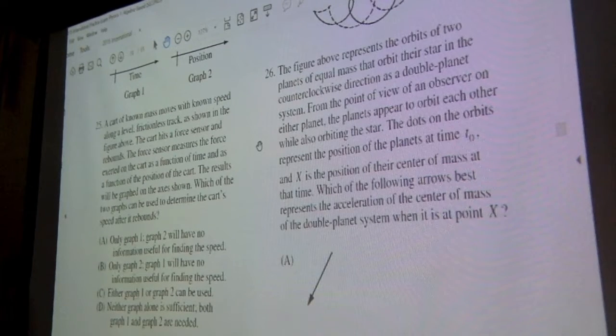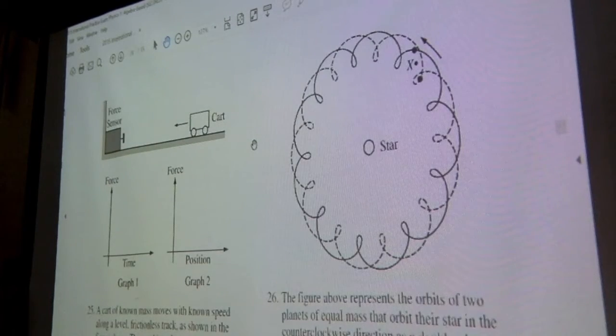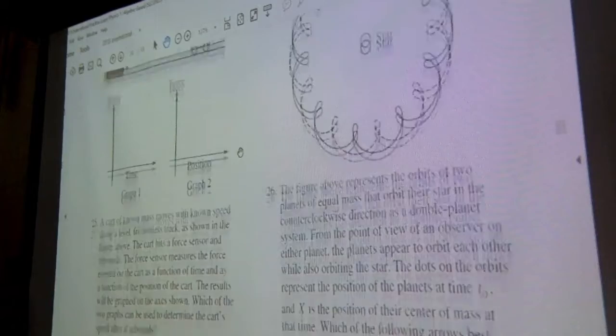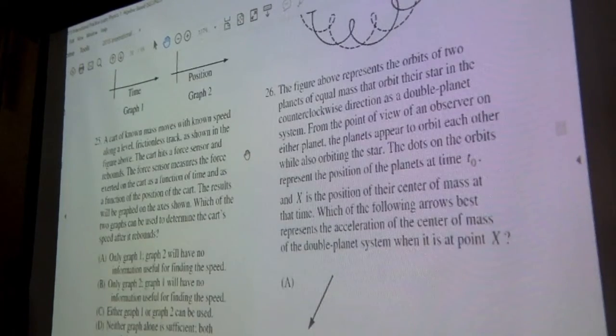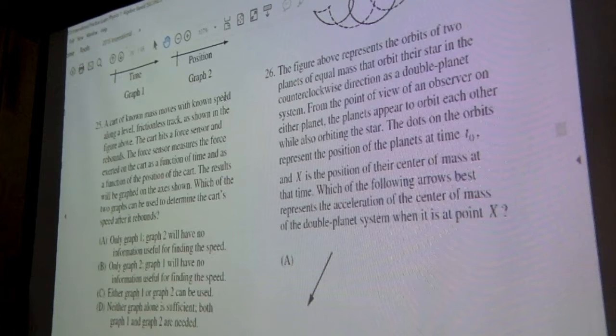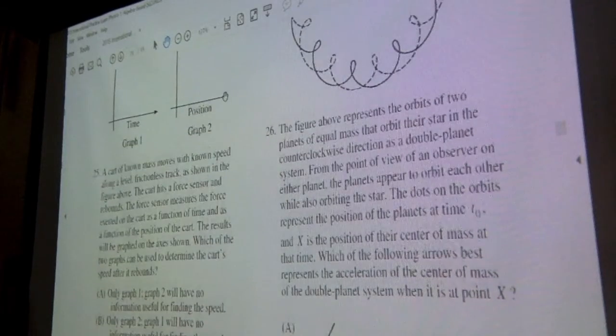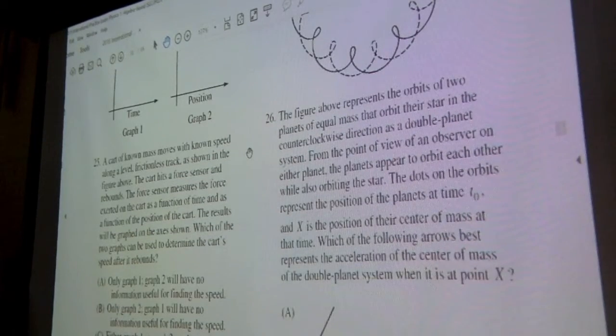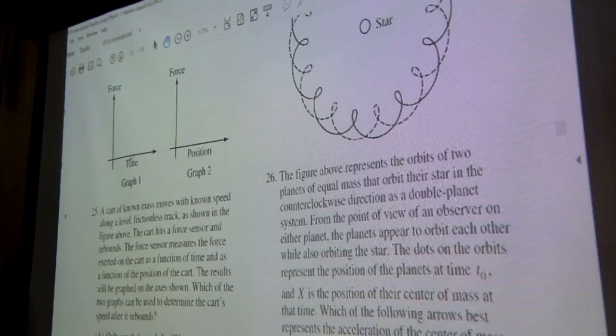Can you scroll up? I'd say the one axis, the y-axis goes under force. Force-time, force-position. A.